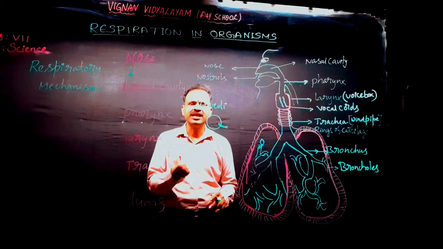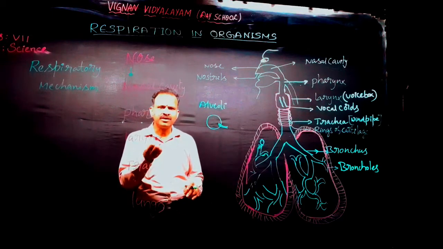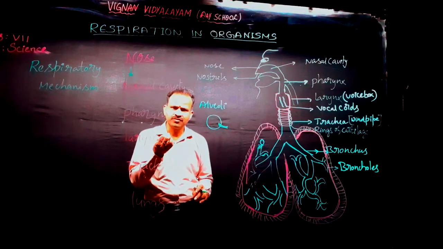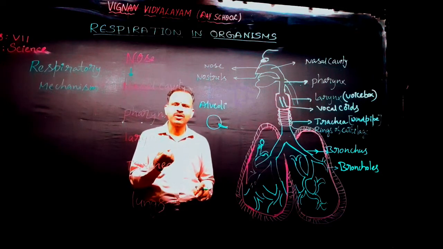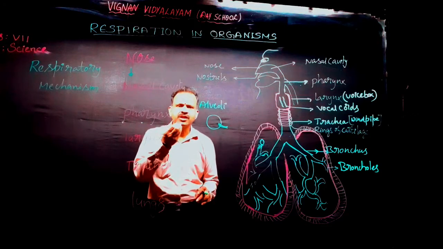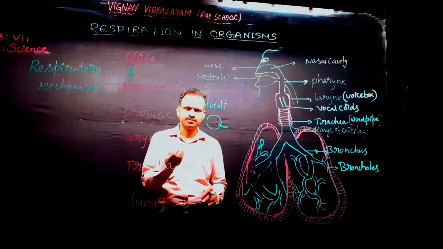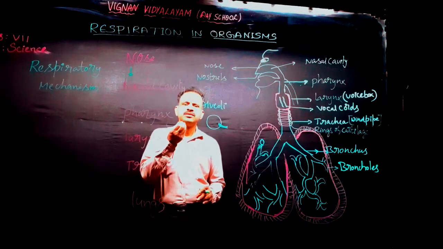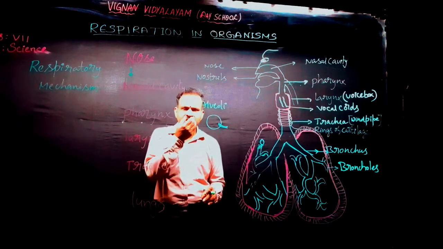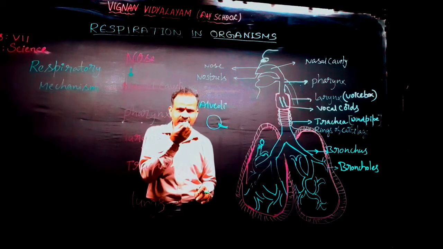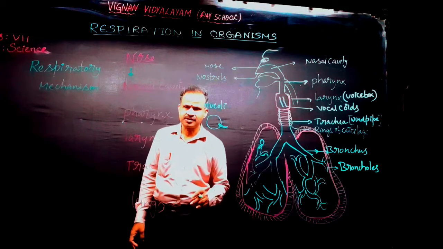These are called cilia. Do you know what is the use of the cilia? Cilia is very, very important. Why? Because cilia filter the air. The air contains dust particles. So the cilia inside the nostrils, that is the nasal cavity, filter the dust particles.